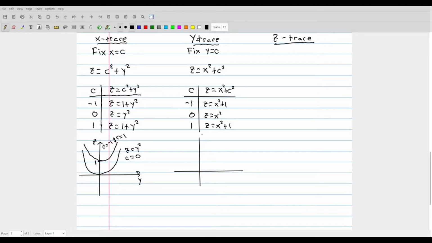And if we visualize this, we're fixing values of y, so these traces are going to be in the xz plane. When c is 0, you get z equals x squared, which is this parabola right here.